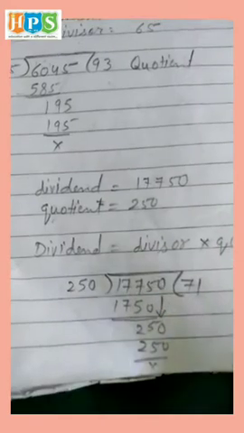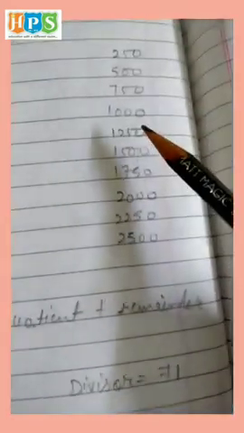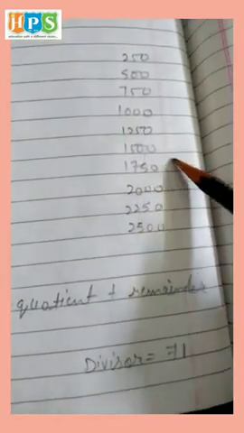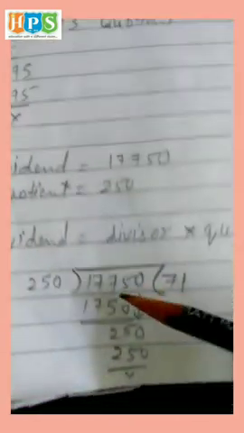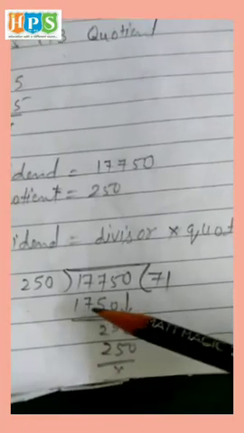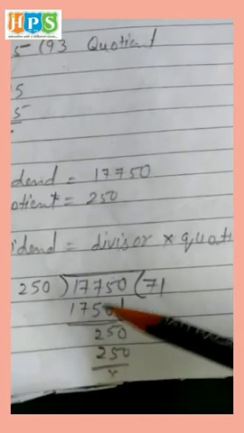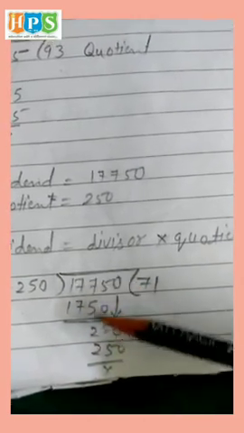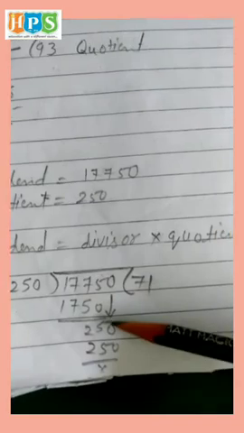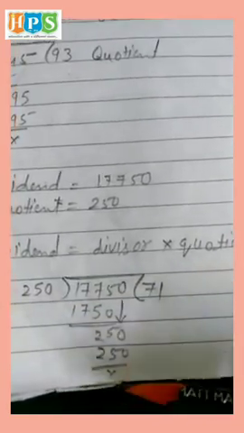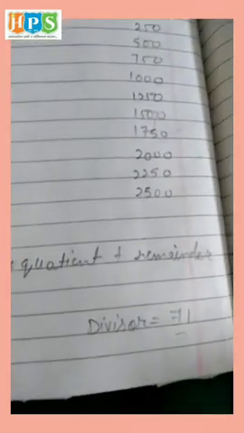This is the table of 250. 250 sevens are 1750. 1750, and we can subtract: 5 minus 0 is 5, 7 minus 5 is 2, and we write 2 to make 250. 250 ones are 250, so the divisor is 71.